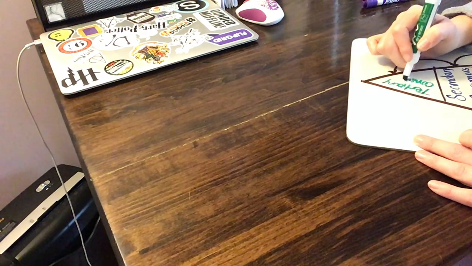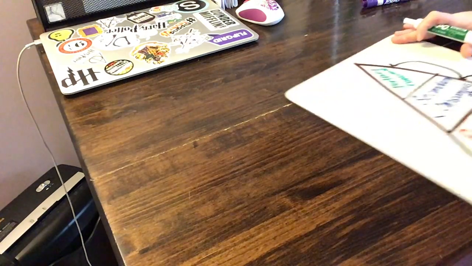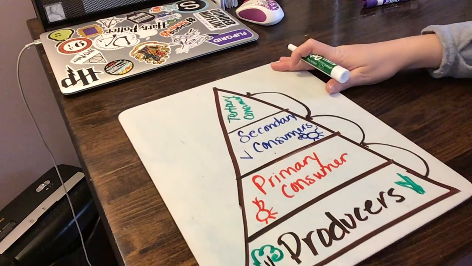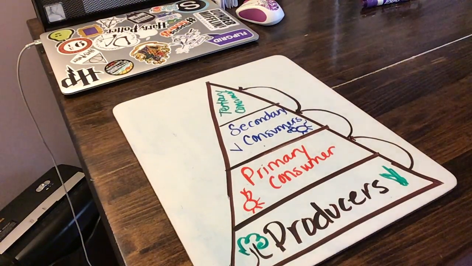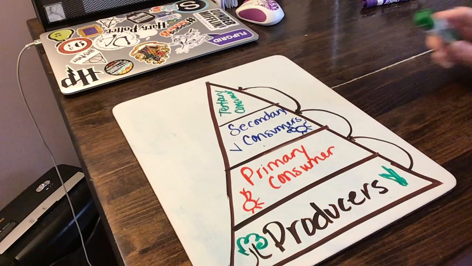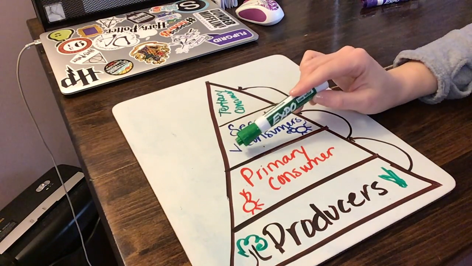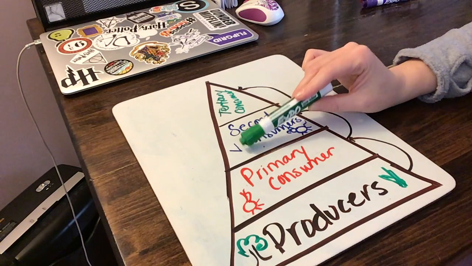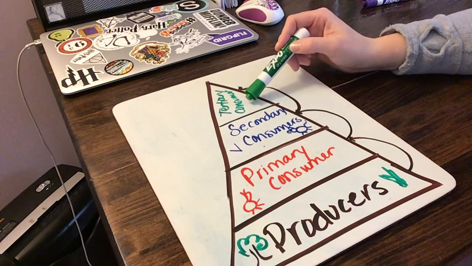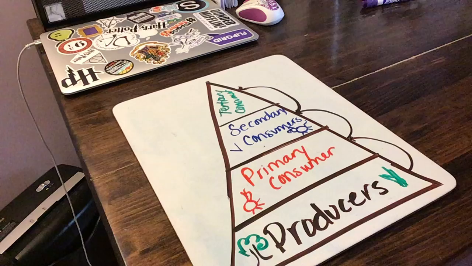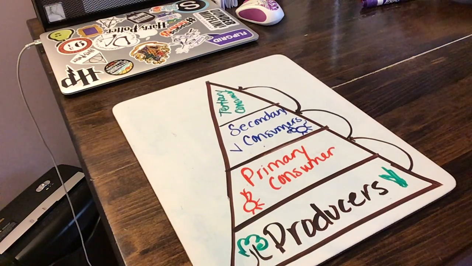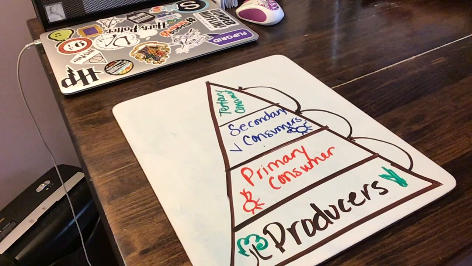You could go more levels up than tertiary, but again, typically we stop there. So let's say that it was a smaller bird like a robin or something in your secondary consumer. Maybe now you have an owl or a hawk in your tertiary consumer. Okay, so that's an energy pyramid.